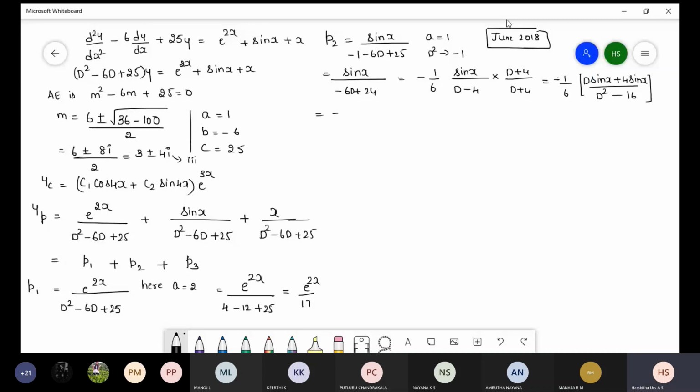So minus 1 by 6, differentiation of the sin x is cos x, plus 4 sin x I will write as it is, divided by minus 1 minus 16. So cos x plus 4 sin x divided by 6 into 17. What is the value of 17 6?